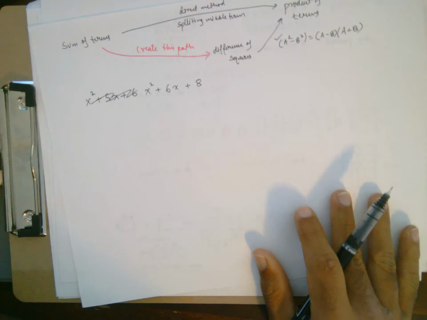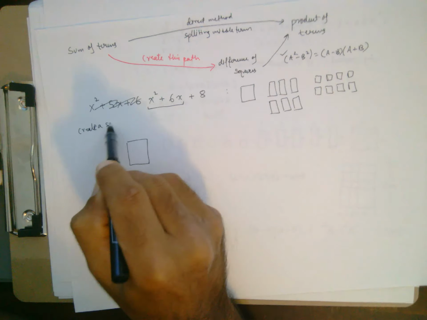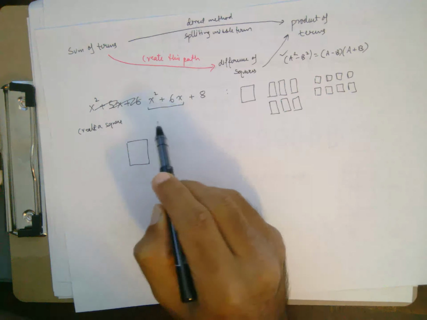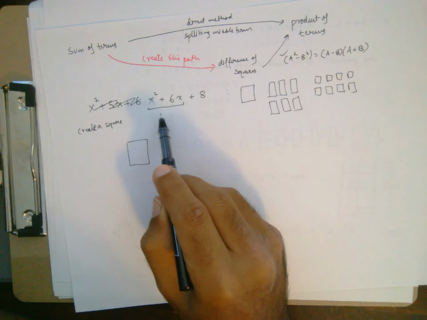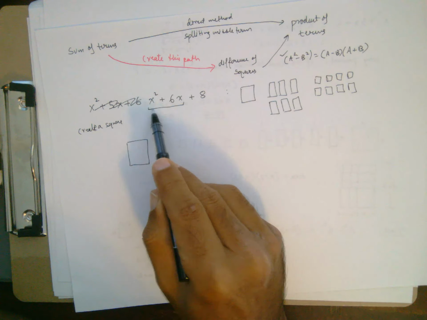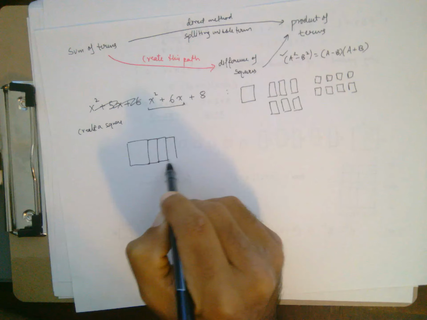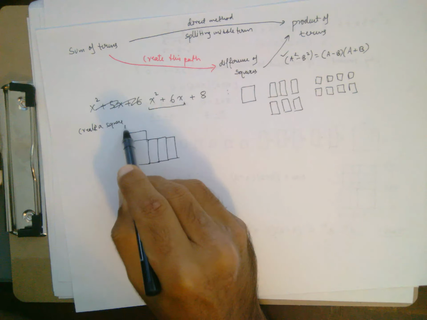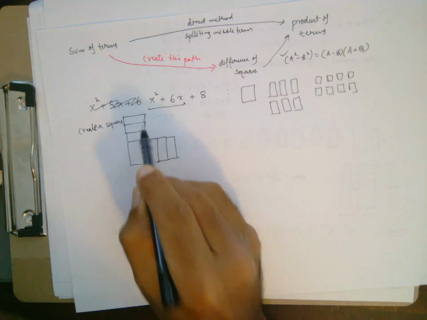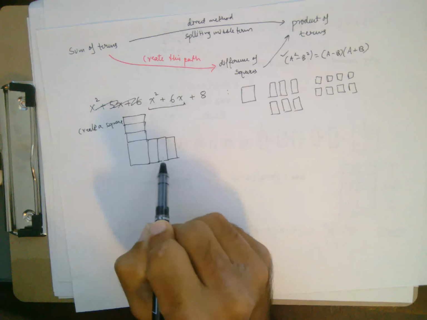Now because I want to write it as a difference of squares, let's start by creating a square. If I want to create a square with x squared and 6x, I would have to distribute these longer rectangles equally. So I would have to stack 3 vertically and 3 horizontally.